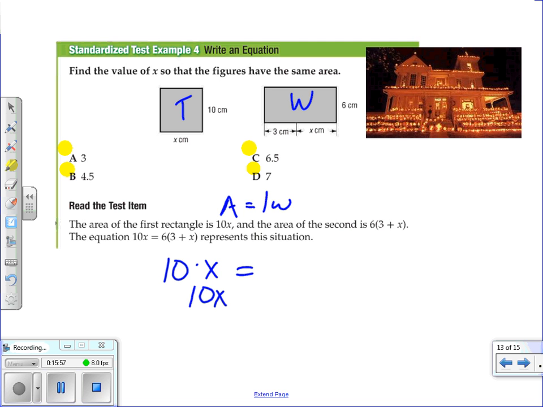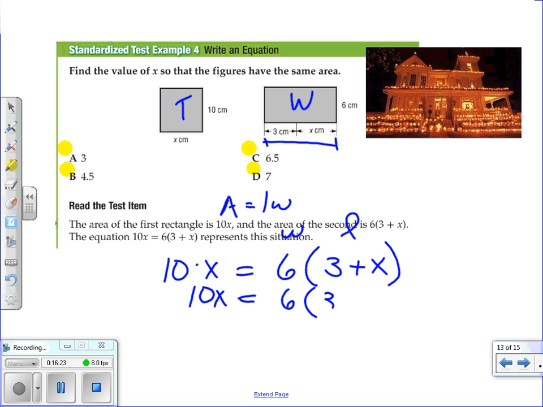And the area of the other one is the length times the width, and the width is 6, and the length, this whole distance, is 3 plus some number. We don't know what it is, but that is the length over here. So this is the width, and this is the length, all right? So we have 10x equals 6 parentheses 3 plus x. So now we have a formula or an equation that we can work with. 10x equals 6 parentheses 3 plus x.